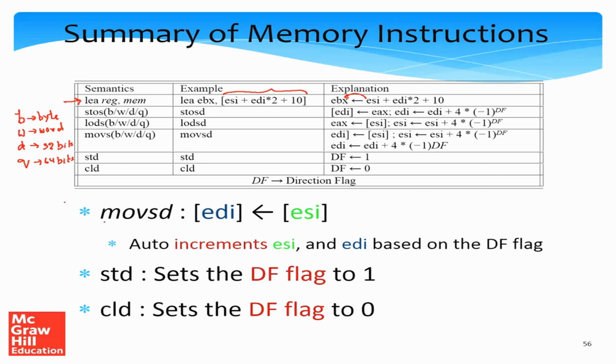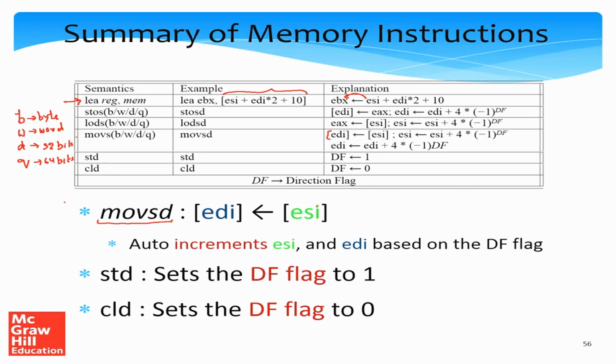Let us now introduce the MOVS instruction. This is also part of the same family of instructions. In this case, we read a memory operand and transfer it to another memory location. MOVS also works without any source or destination operands. Sorry, this should have a square bracket.